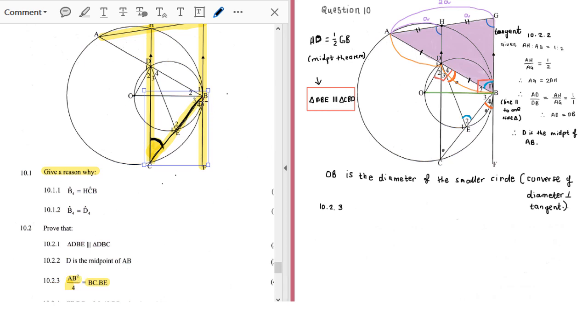We need AB. AB is the full length, which is made up of one of these sides in these similar triangles, the side DB. So if we want to eventually get to this AB squared, we can do that. We just need to write down a ratio that connects DB, BE and BC. So let's do that. From the similarity, we're looking for DB.